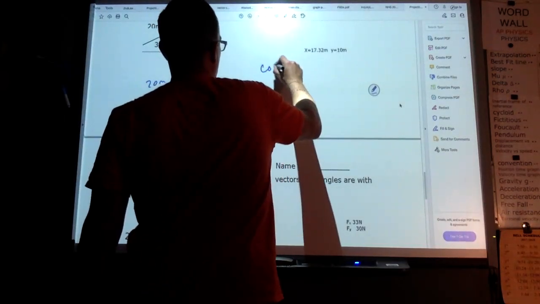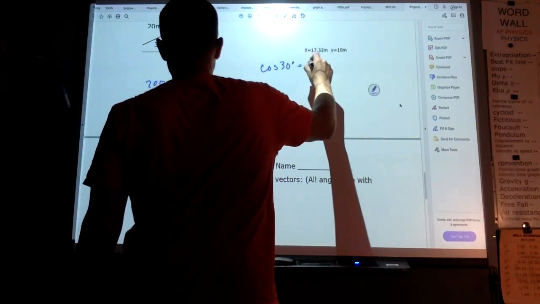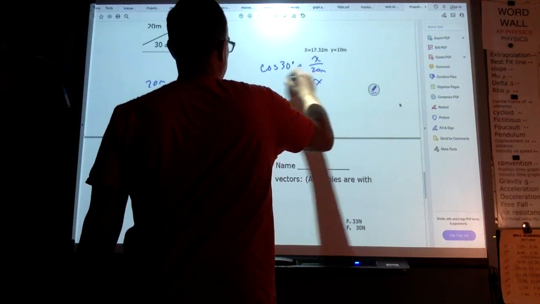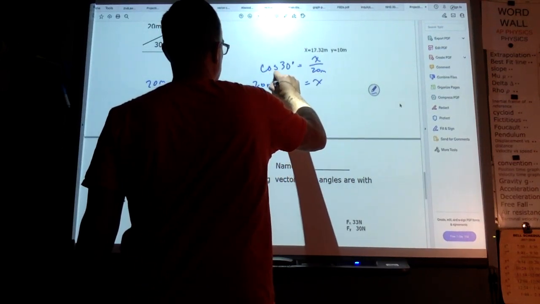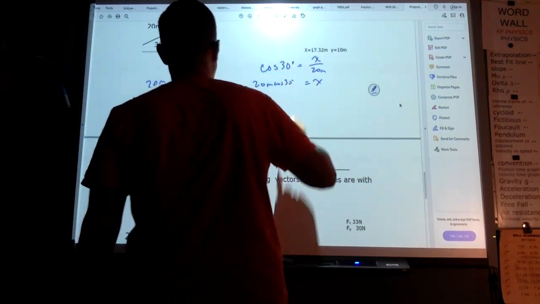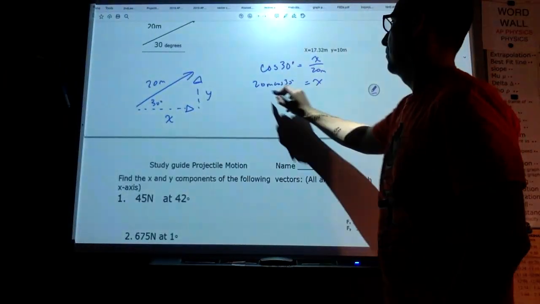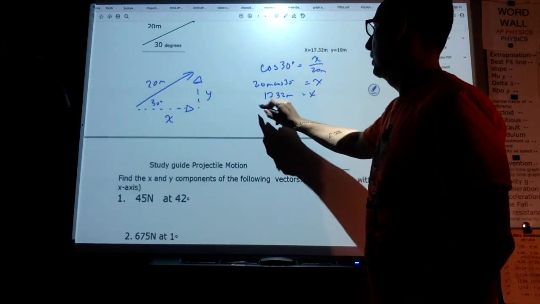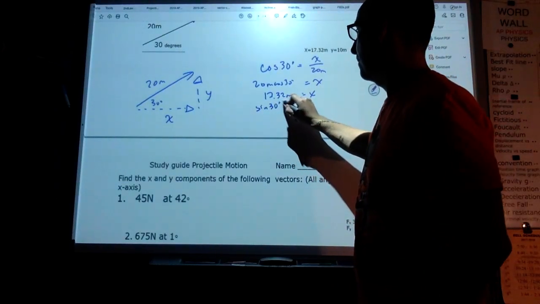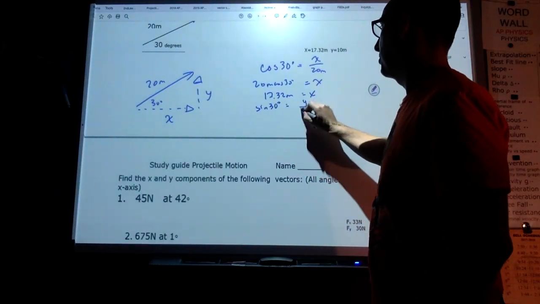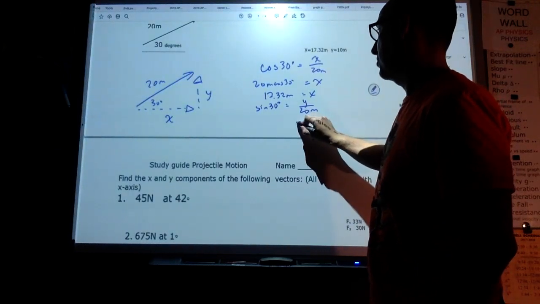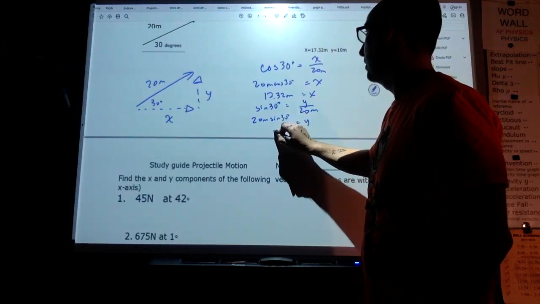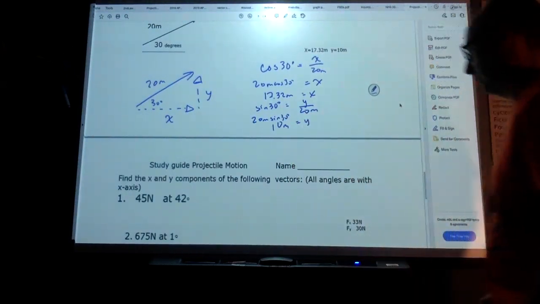So cosine of 30 is equal to x over 20. So x is equal to 20 cosine 30, which would be 17.32. And then sine of 30 would be equal to y over 20. So y would be equal to 20 meters sine of 30, or 10.